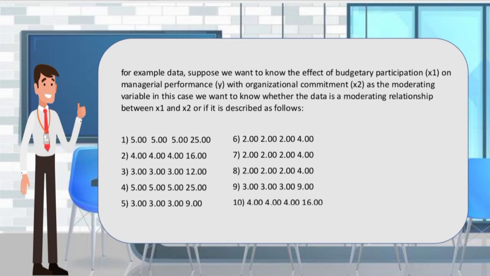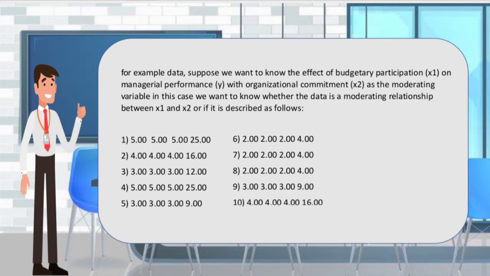For the third, 3.00 for the y, 3.00 for the x1, 3.00 for the x2, and 12.00 for the x1, x2. For the fourth, 5.00 for the y, 5.00 for x1, 5.00 for x2, and 25.00 for x1, x2.